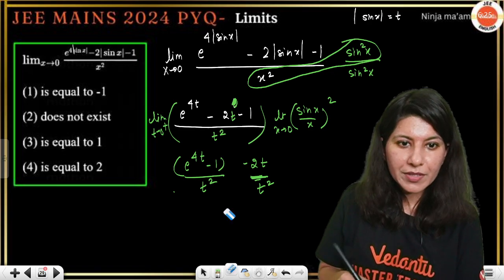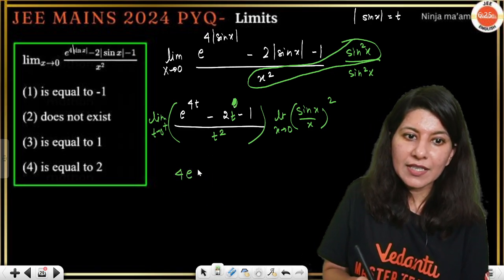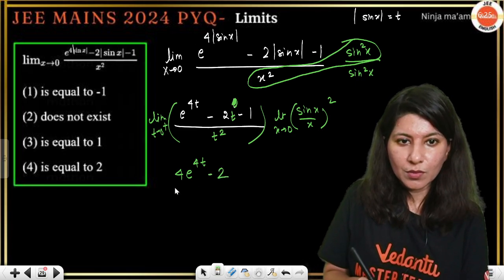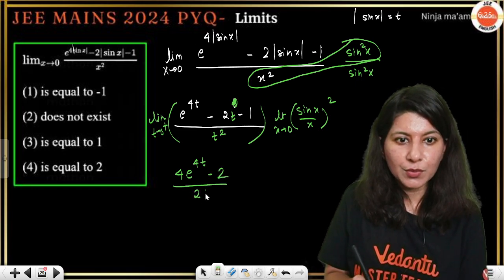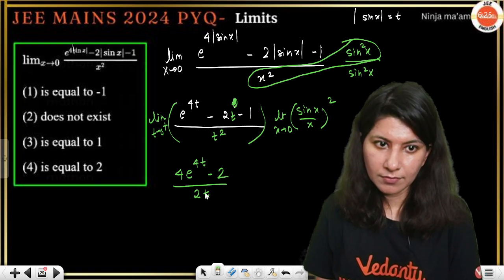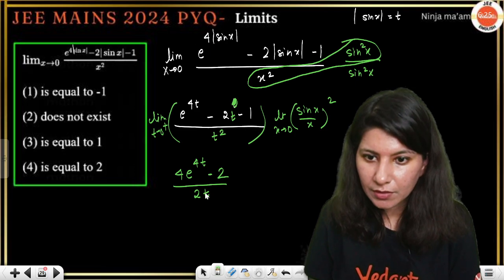Or what we can do is we can just simply apply L'Hopital on it. 4 e raised to power 4t minus 2, that's it, upon 2t. Is it 4 or is it 2? Hold on.